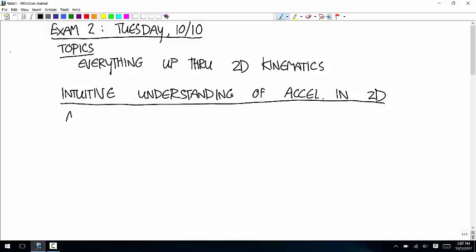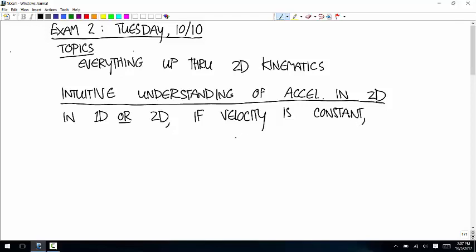So first of all, this is in 1D or 2D or 3D. We're not going to do 3D problems, but 1D or 2D, if the velocity is constant, acceleration is 0.